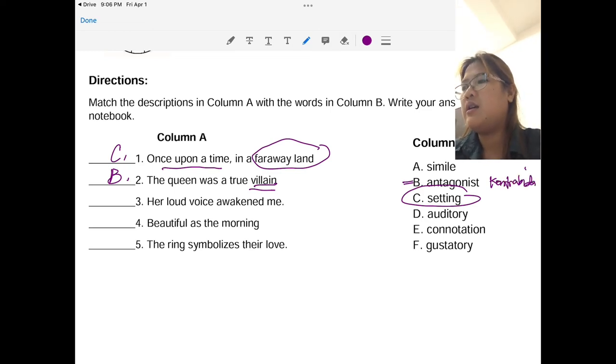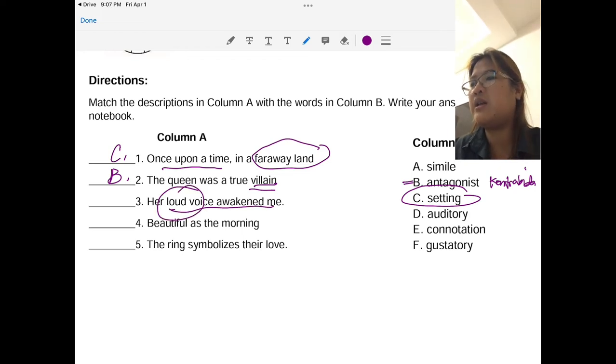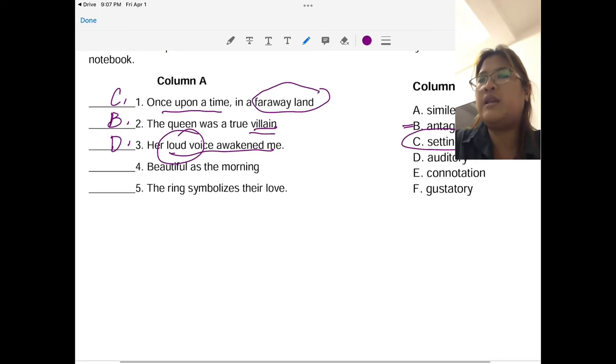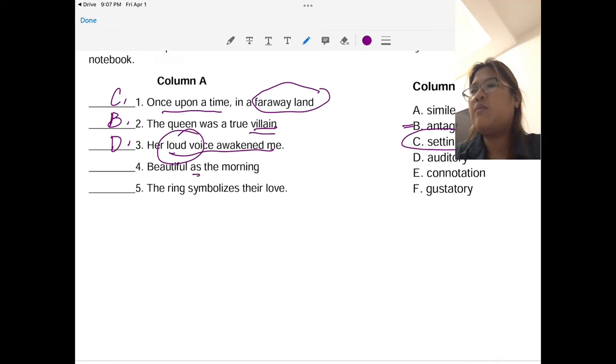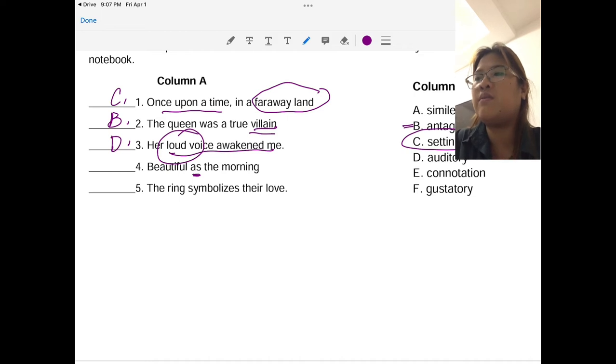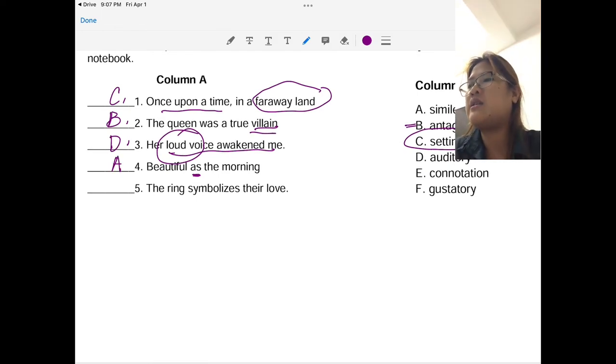And then "her loud voice awakened me." Loud, auditory, letter D. And "beautiful as morning," we have the keyword "as." It's simile. For simile, we use as or like.